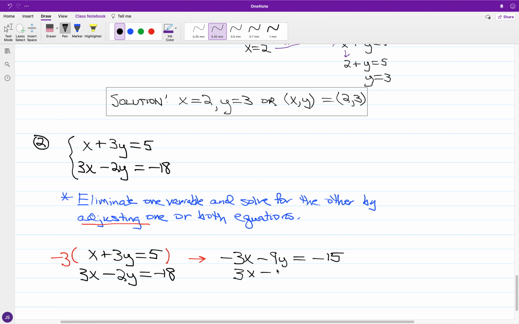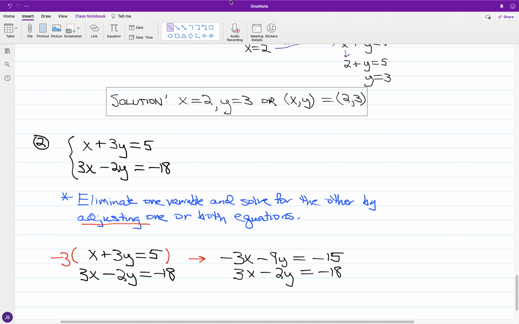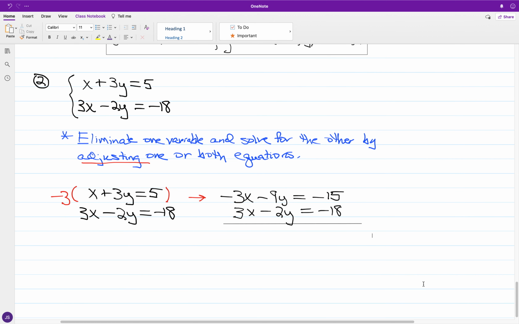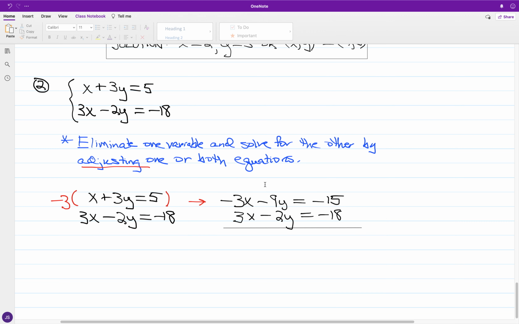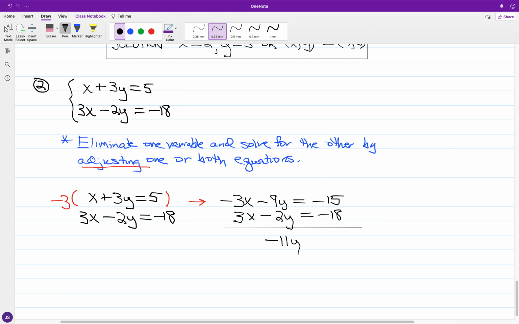So I got 3x minus 2y is equal to negative 18. And upon adjusting, I can add the equations together. So we have negative 3x, and 3x will go out. And we have negative 9y plus negative 2y is going to be negative 11y. Negative 15 plus negative 18 is going to be negative 33.